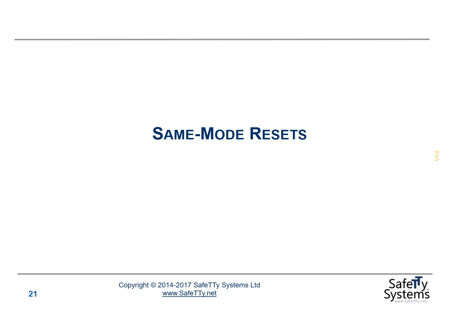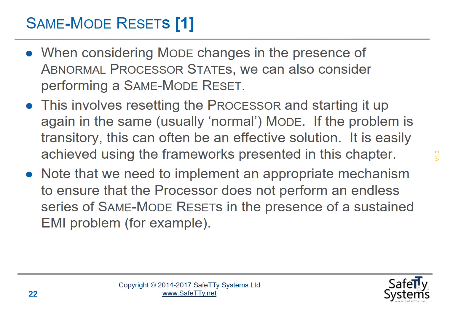Same mode resets are also something that we need to consider. So when we're thinking about what we might do in the presence of an abnormal processor state, we can also consider performing a same mode reset. This involves resetting the processor and starting it up again in the same, usually normal, mode.